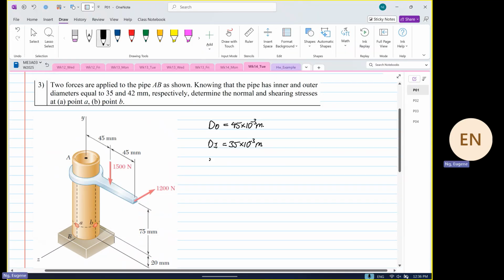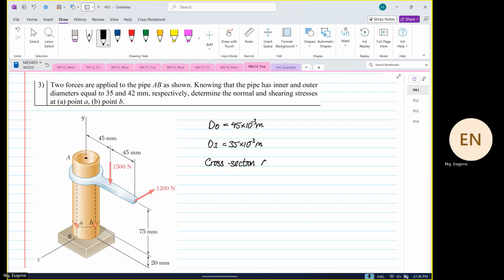And we have to calculate the cross-sectional area. Is it 42? Yes, thank you. So the cross-sectional area is straightforward, I'm going to address this as A.